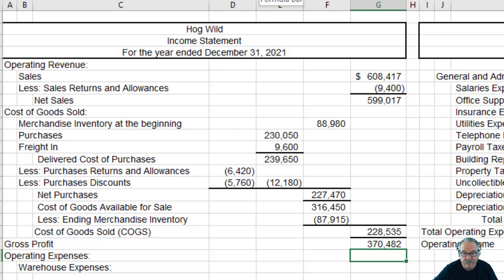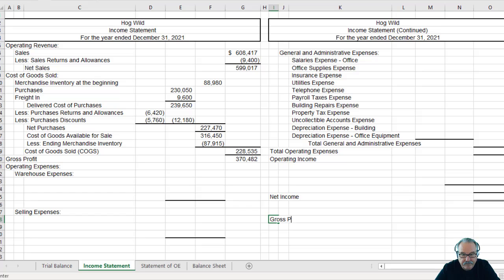gross profit, 374.82. And I am going to take gross profit percent, which is gross profit divided by net sales.